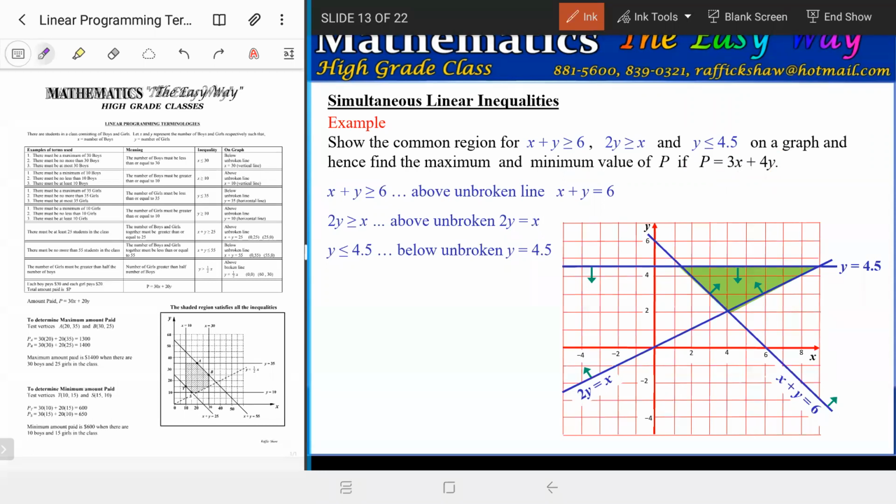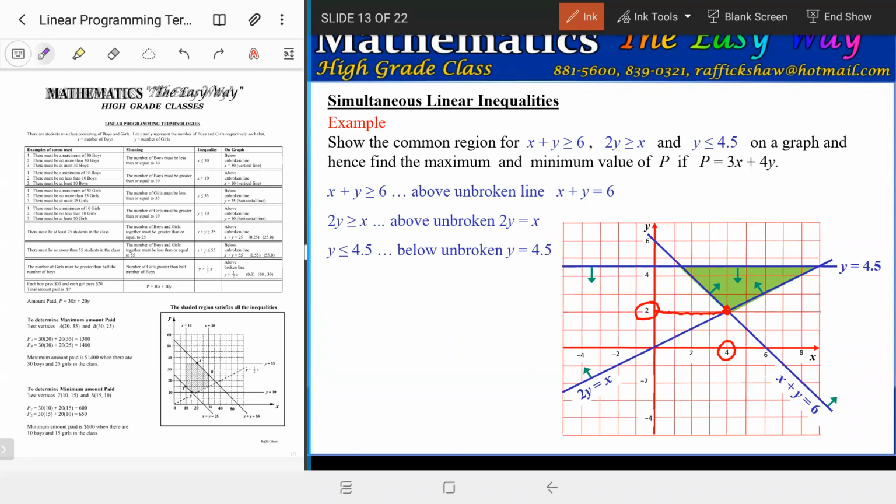Now, look over this side, why the vertex is important. Watch this now. At this vertex, the x value is 4 and the y value is 2. Right? For an x value of 4, this is the lowest y value that you can use in the common region.